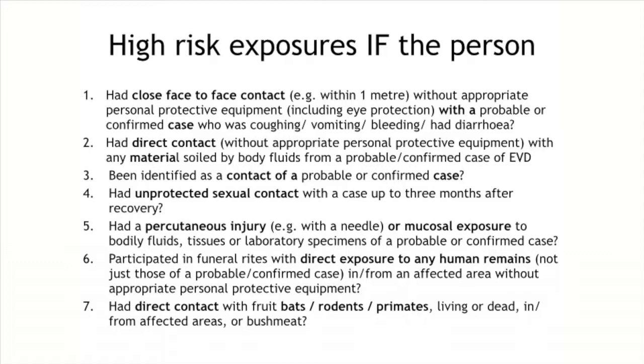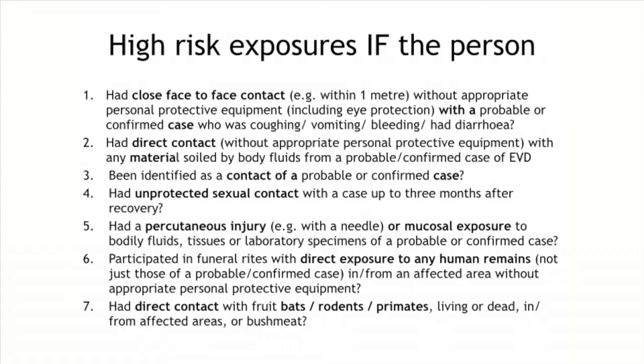So if you've had close face-to-face contact with a probable or confirmed case without PPE, or if you had direct contact with any material soiled by a person with EVD, or if you're a contact of a probable or confirmed case, or if you had unprotected sexual contact up to 3 months after recovery, or a percutaneous injury or mucosal exposure to the bodily fluids, tissues or lab specimens of a case, or participated in funeral rites or had direct exposure to any human remains of a case, or had direct contact with bats, rodents, primates or bushmeat.